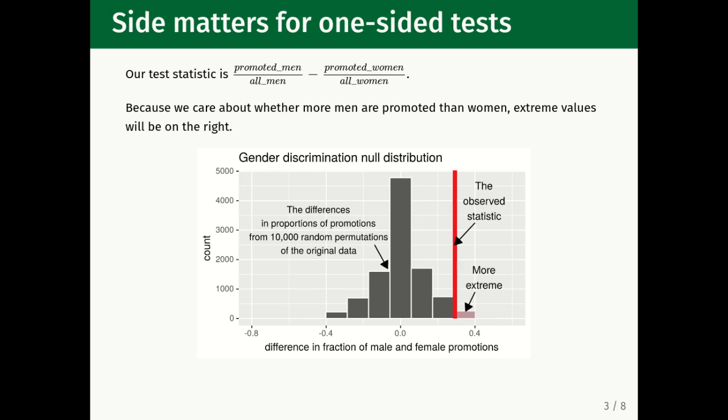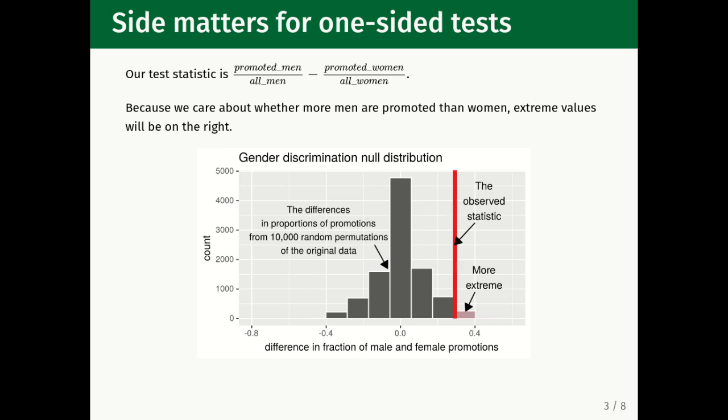For this specific alternative hypothesis, we don't care about the opposite scenario, those permutations where more women are promoted, and so the statistic is negative. These are extreme values as well, they just lie on the opposite tail of the distribution. But by framing our alternative hypothesis as only calculating the p-value using male-dominated extreme values, we are ignoring that other side of the distribution.